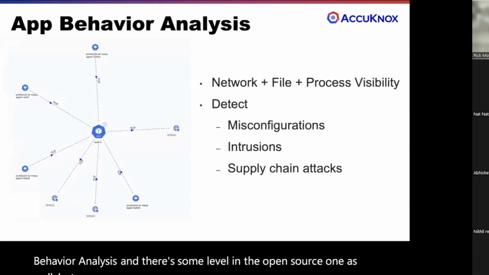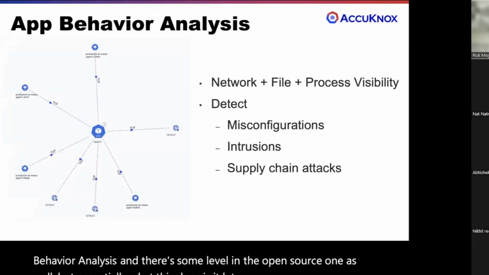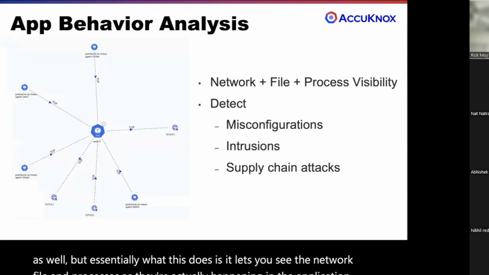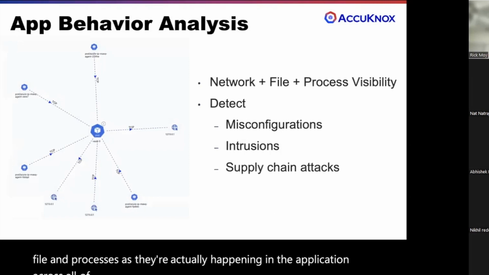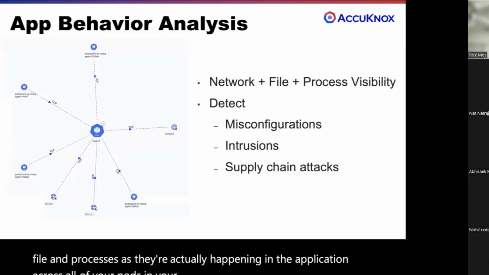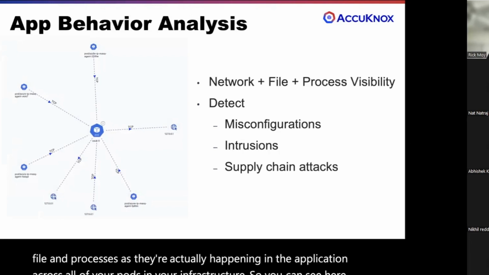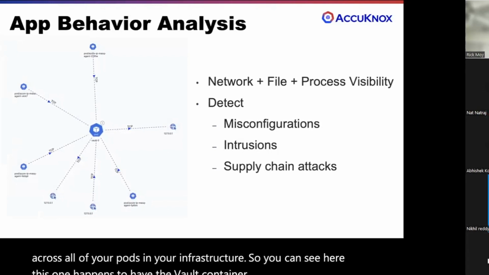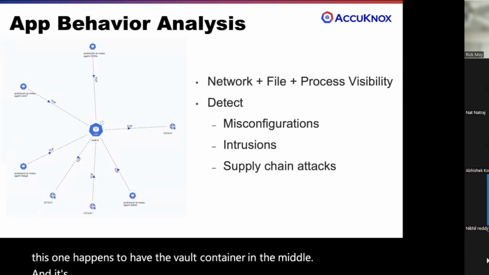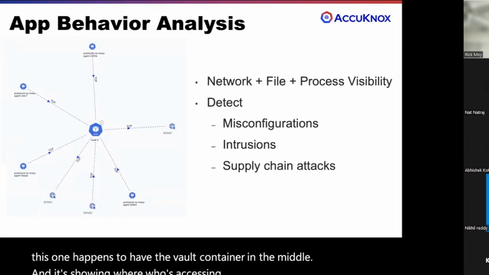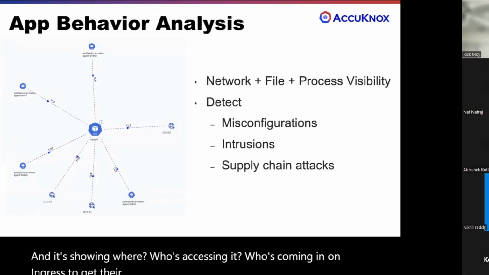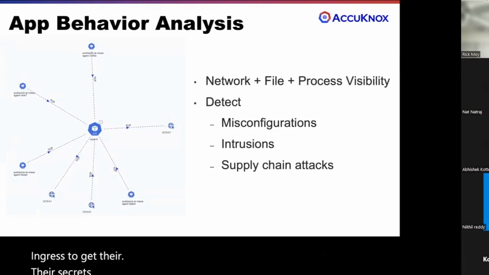But essentially what this does is it lets you see the network, file and processes as they're actually happening in the application across all of your pods in your infrastructure. So you can see here, this one happens to have the vault container in the middle, and it's showing who's accessing it, who's coming in on ingress to get their secrets, and what traffic's going out.